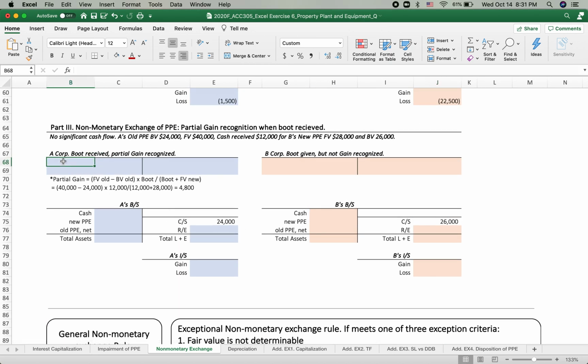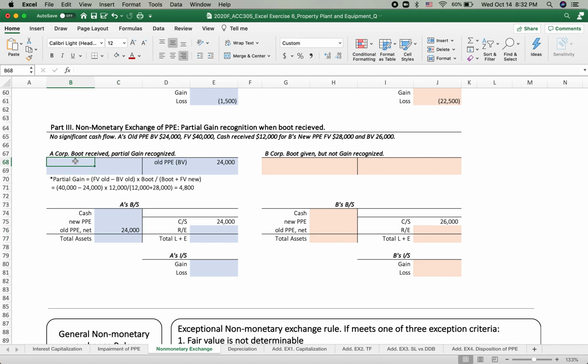A corporation, boot received, partial gain recognized. Here we start from the credit side. The old PPE foregone, book value. How much was that? Right, $24,000. The book value of the old one.